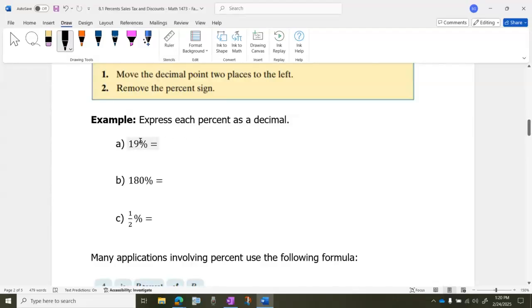In order to convert this percentage to its equivalent decimal, the answer will not have the percent sign anymore, right? So basically, we are going to get rid of the percent sign without changing the value of the expression. Again, what does percent mean? Per means divided by, cent means 100, so divided by 100, right? Use your calculator.